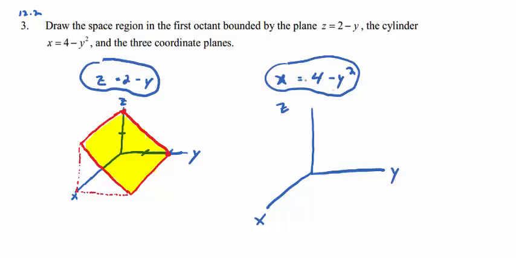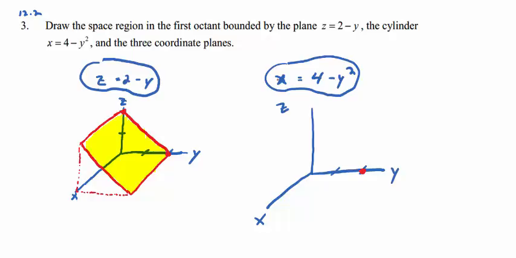And okay, just eyeballing it, you can tell if you plug in 2 for y, you get 0 for x. So I can immediately see that the y-intercept here is 2. So I'm going to put this point in.